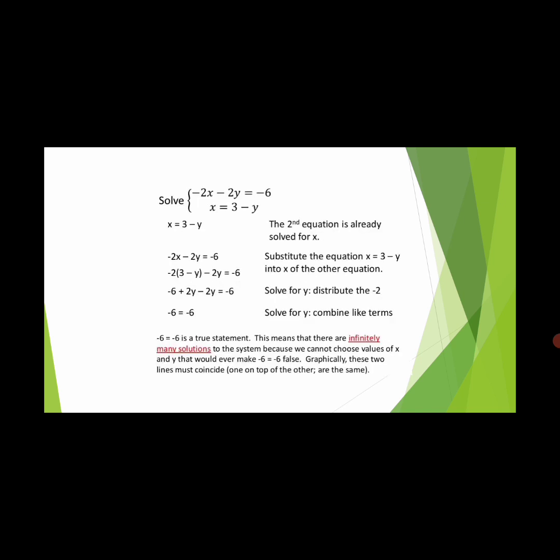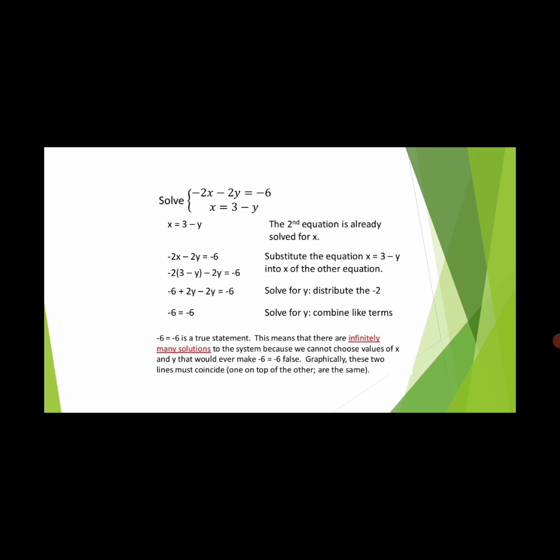And the final example is minus 2x minus 2y equal to minus 6, and x equal to 3 minus y. First we take the second equation, and the first equation is minus 2x minus 2y equal to minus 6. Substitute x equal to 3 minus y into the x of the other equation. So we get minus 6 equal to minus 6.